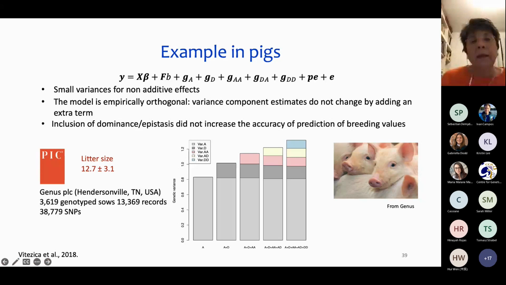So we can say that the model is empirically orthogonal. Why? Because the variance component estimates don't change by adding an extra term. In this analysis we also looked at the accuracy of prediction, but the inclusion of the dominance did not increase the accuracy.